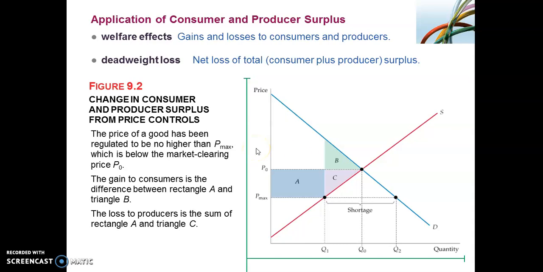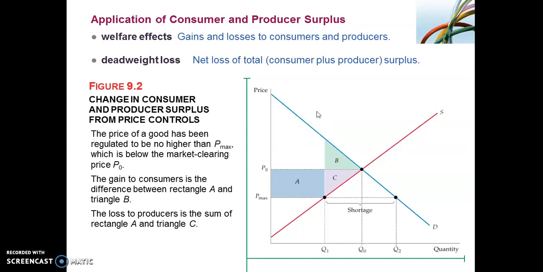For producers, before the maximum price, producer surplus was given by this triangle. Now with your Pmax, producer surplus is only this little triangle. Producers lose this rectangle A to consumers because they are getting a lower price than before.